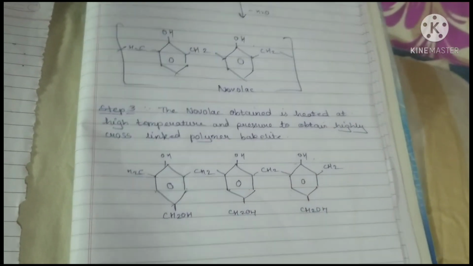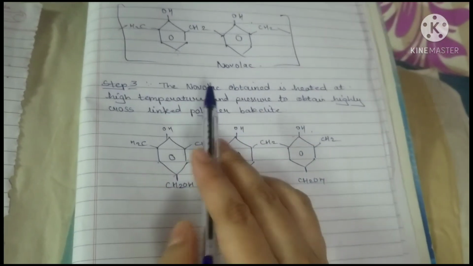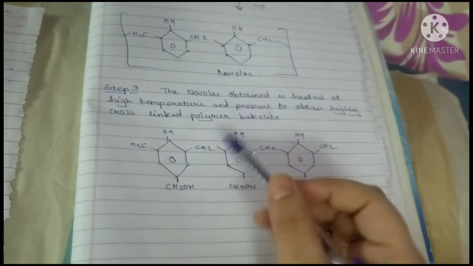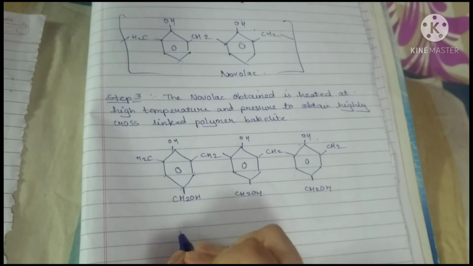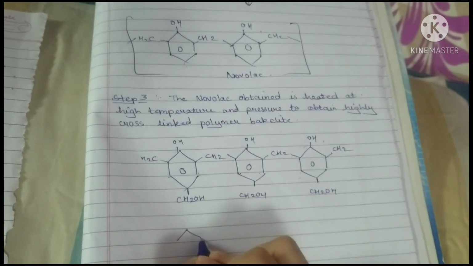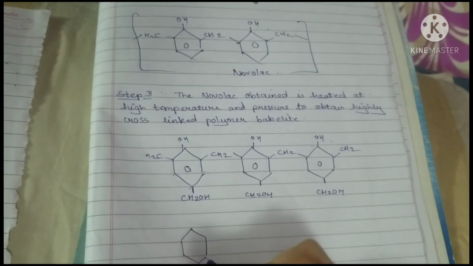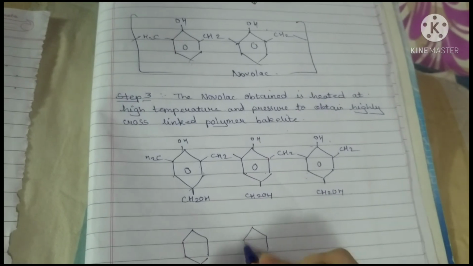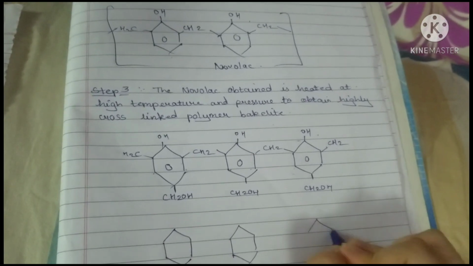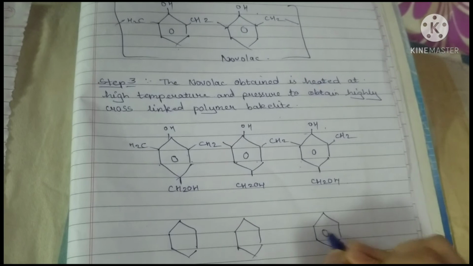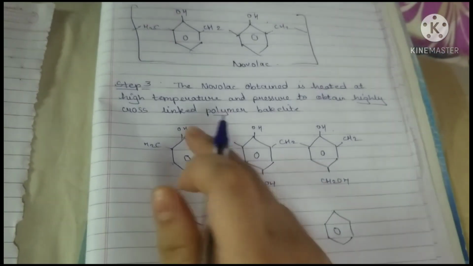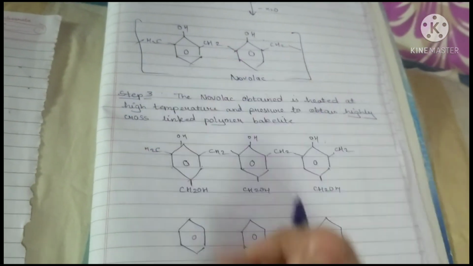The next thing you're going to do is draw the novolac structure again in the inverted form. So again draw 3 phenol molecules. Okay, inverted means whatever is there up will now come down.